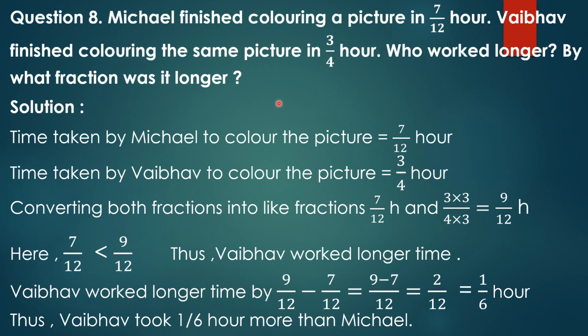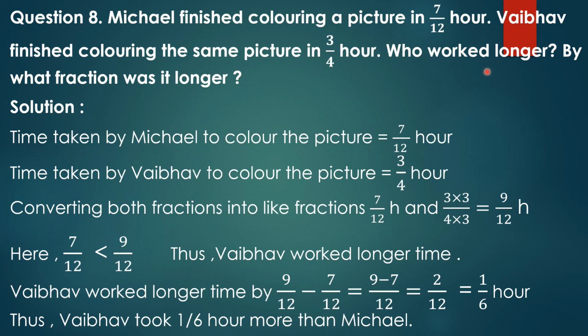Now let us go for question number 8. Question number 8 says that Michael finished coloring a picture in 7 by 12 hours. Vaibhav finished coloring the same picture in 3 by 4 hours. So the time taken by Michael to finish the coloring of the picture is 7 by 12 hours, and the time taken by Vaibhav is 3 by 4 hours.